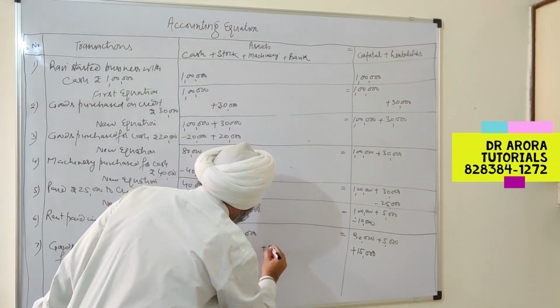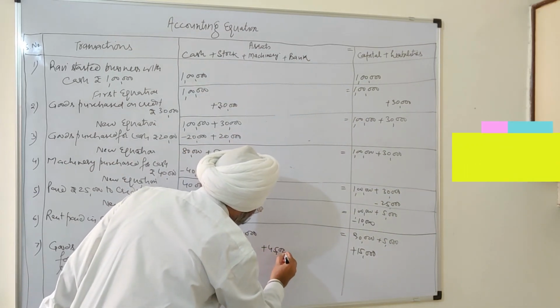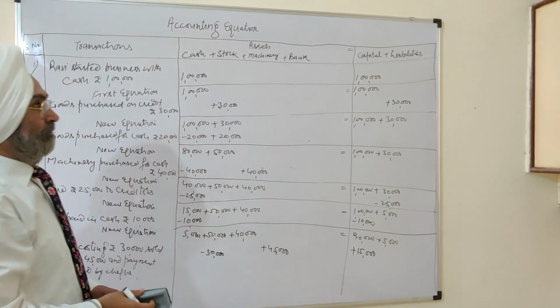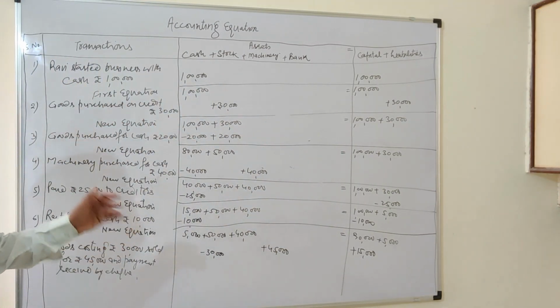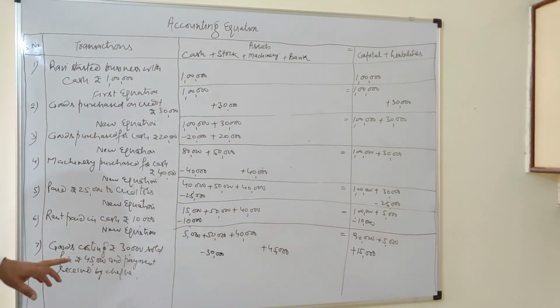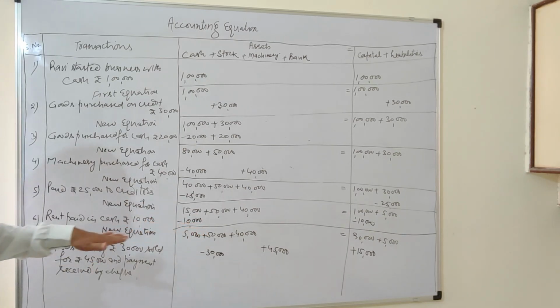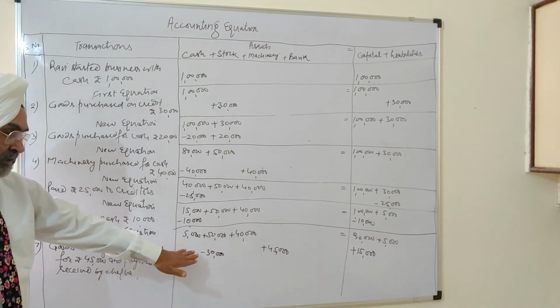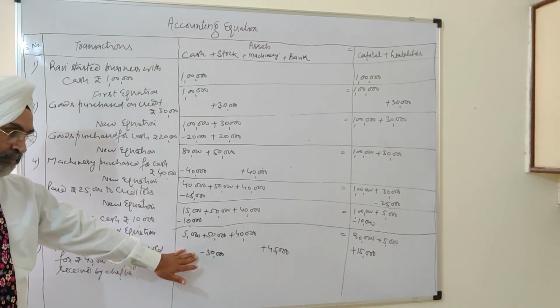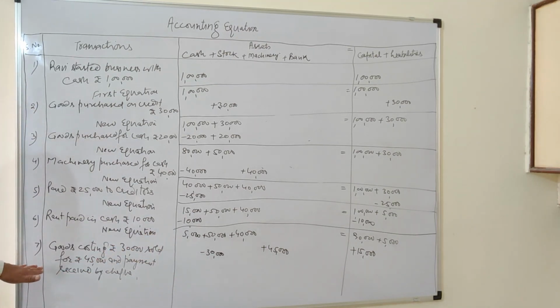Our bank balance will increase by 45,000. So 15,000 is the profit, 30,000 is the decrease in the value of the stock, and 45,000 bank balance will increase.